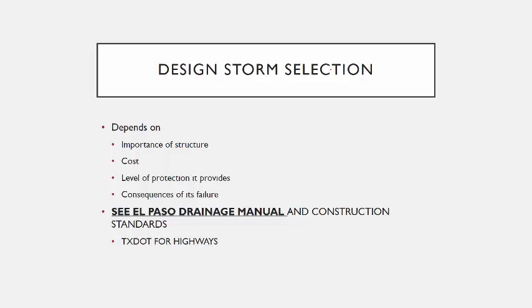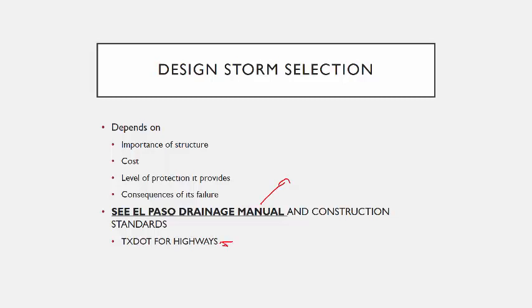If there are human lives at stake if that hydraulic structure fails, then you will have a storm that has a longer average return interval or recurrence. So it might be a 100-year storm versus a 10-year storm. Okay, all of that you can find in the drainage manual and the construction standards.